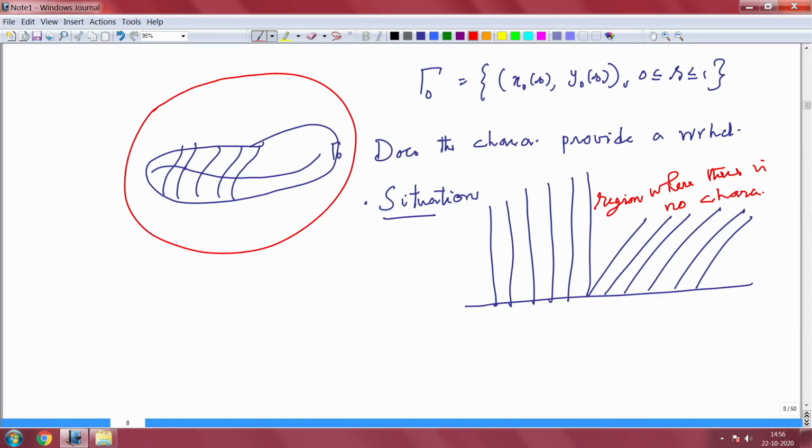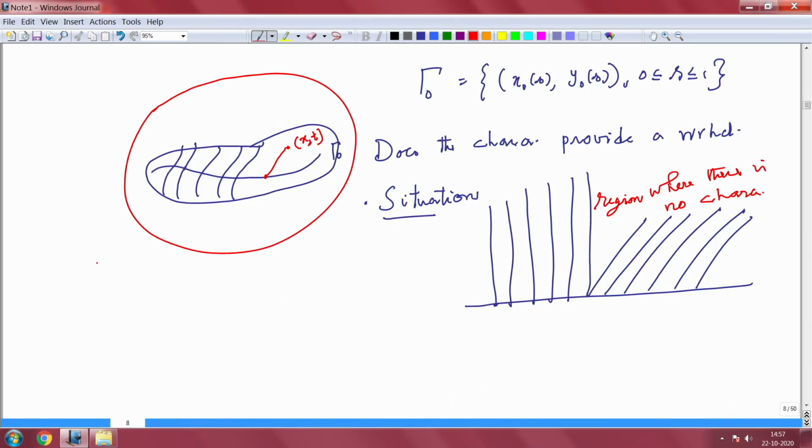So the question is: given a point (x, t), can you find a characteristic which meets it? Can you find a neighborhood in such a way that for every point in that neighborhood you should be able to find a characteristic passing through that point? How do you mathematically formulate it?